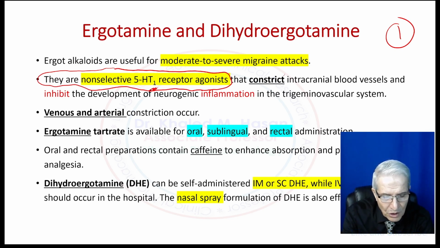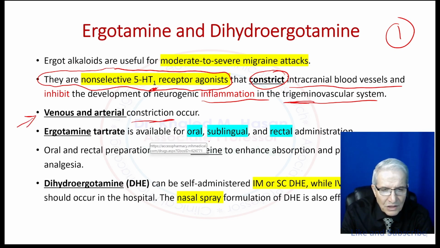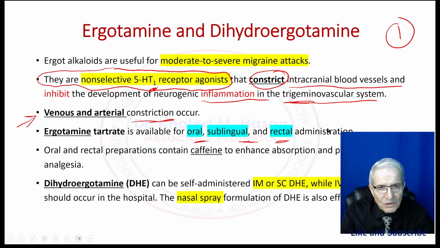This leads to constriction of intracranial blood vessels and decreases inflammation in the trigeminal vascular system, and it affects not only the nervous system but also the veins and arteries, causing constriction. Ergotamine is available oral, sublingual, and rectal. So we have it in several pharmaceutical forms.